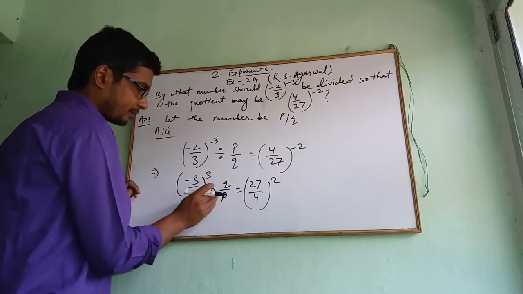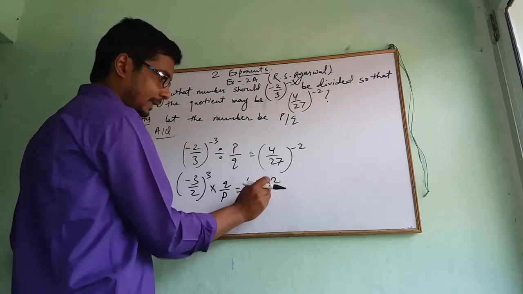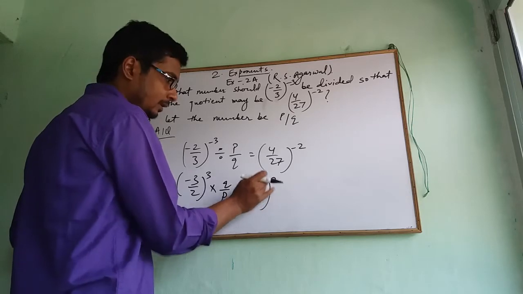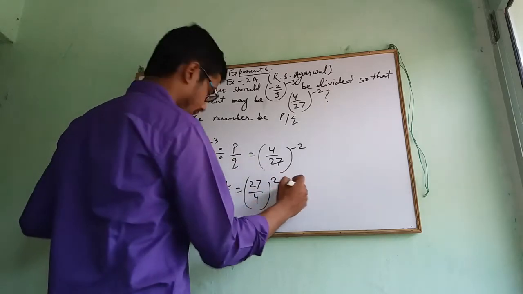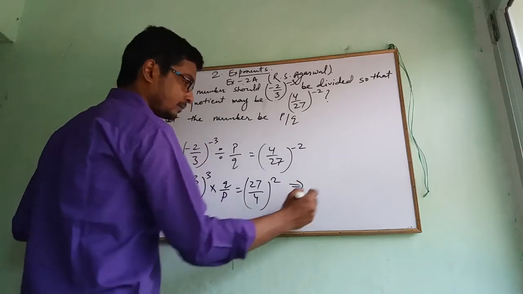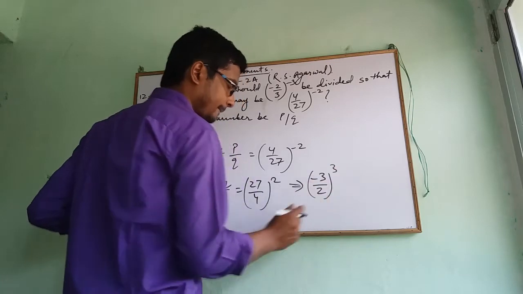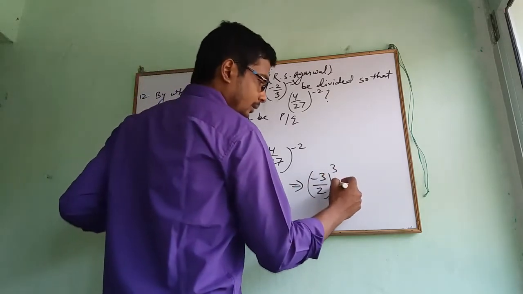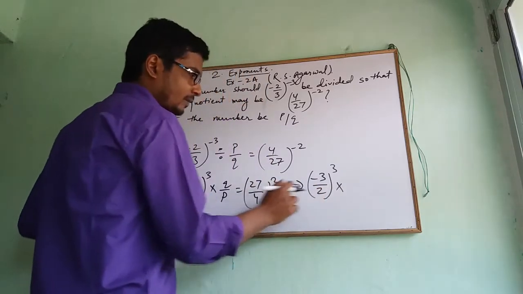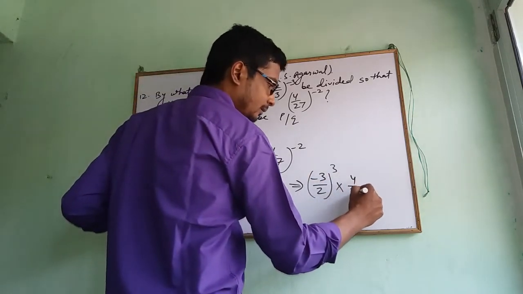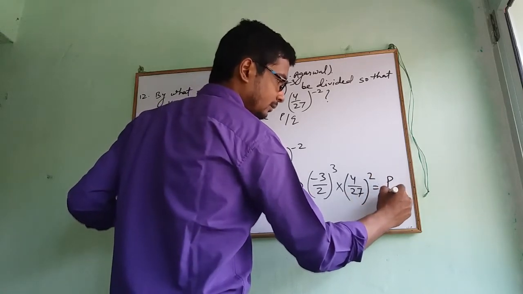Just shift this Q by P to the RHS and shift this (27/4)^2 to the LHS. Now what will I get? I will get (-3/2)^3 multiplied by (4/27)^2 is equal to P by Q.